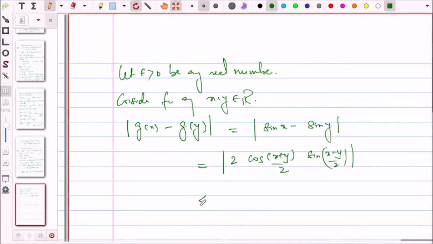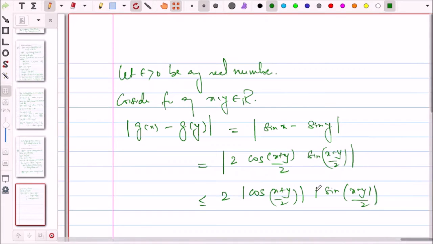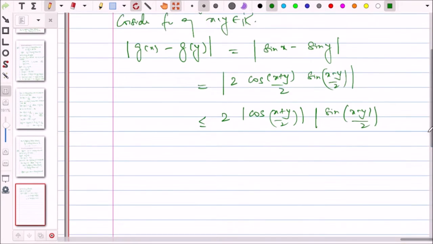This is less than or equal to 2 times |cos((x + y)/2)| times |sin((x - y)/2)|. Here we will replace the cosine by 1, and the sine by |x - y|/2. So this is less than or equal to 2 times |x - y|/2.